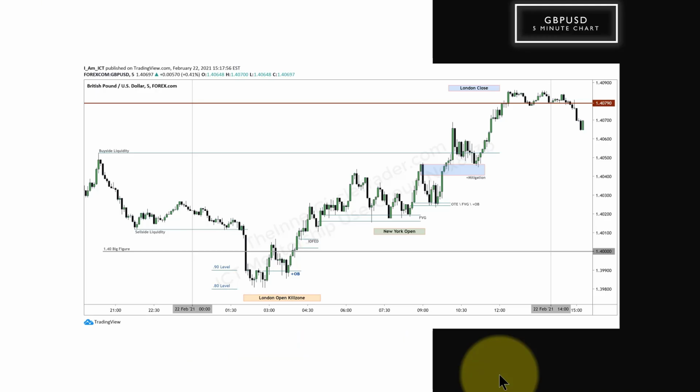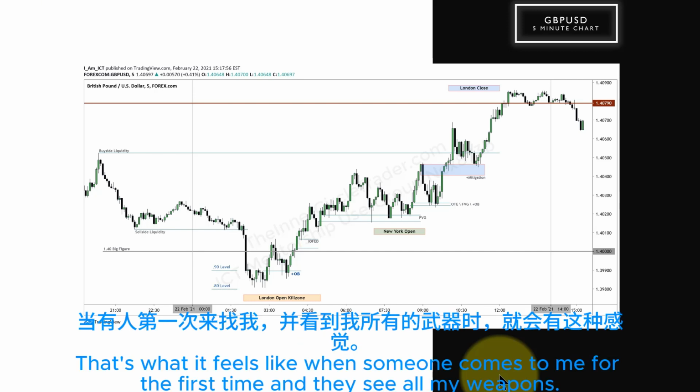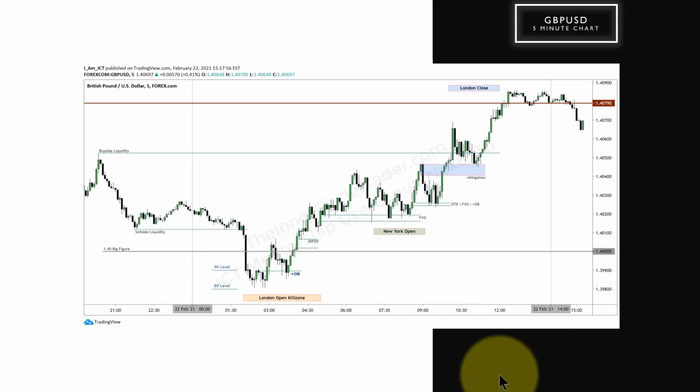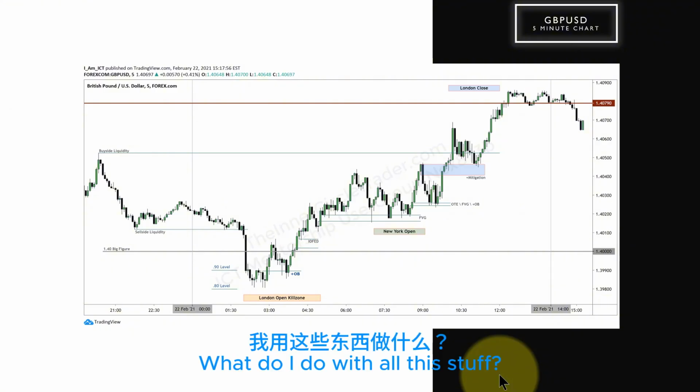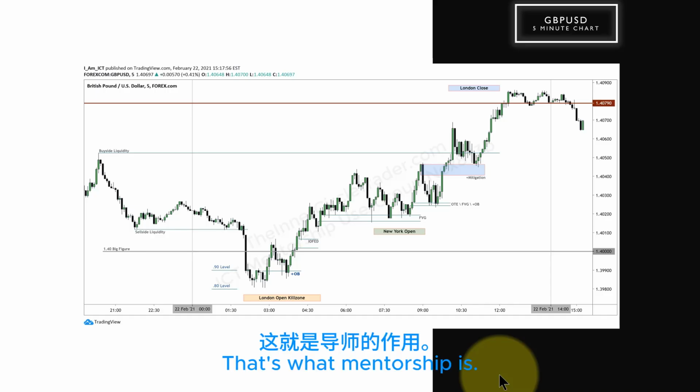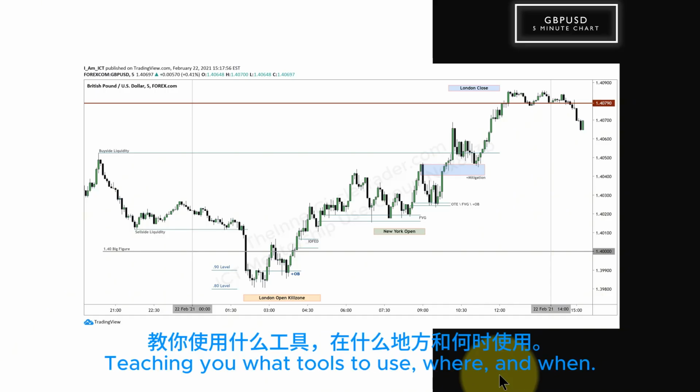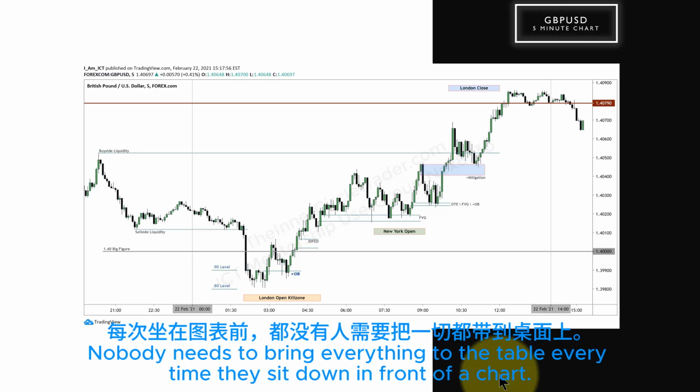Not every tool for every situation. That's what it feels like when someone comes to me for the first time and they see all my weapons. When they come into my arsenal and they look and say, man, this is a lot of stuff. What do I do with all this stuff? That's what mentorship is. Teaching you what tools to use, where and when. Nobody needs to bring everything to the table every time they sit down in front of a chart.